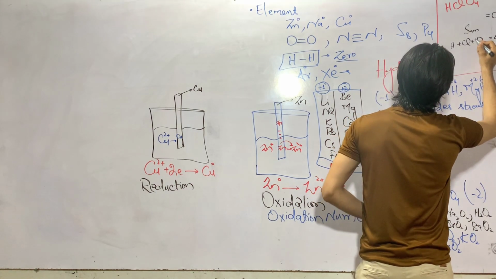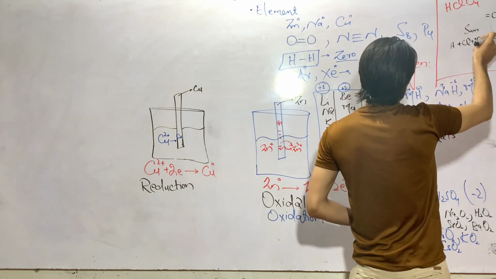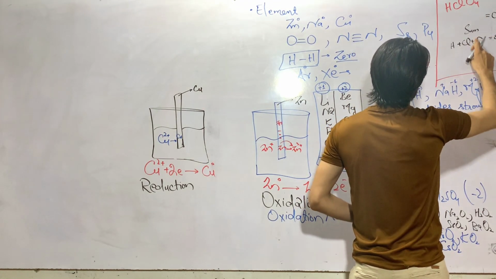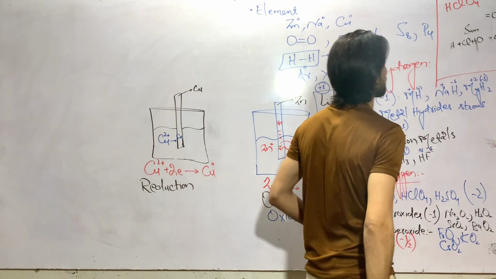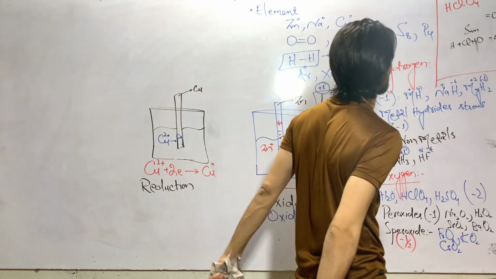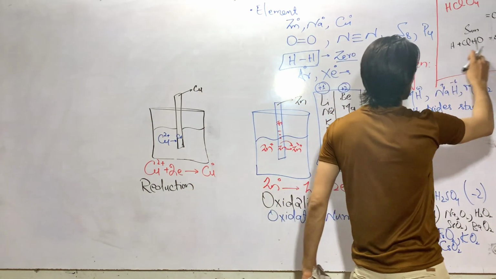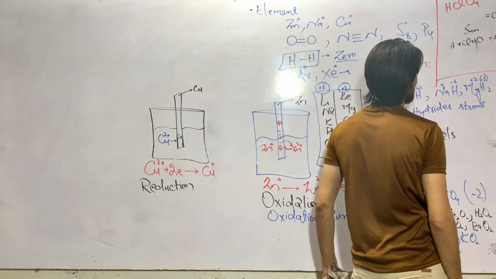Here I have four oxygens, so I must multiply four with the oxidation state of oxygen. So I must add the oxidation states of all these to be equal to zero.